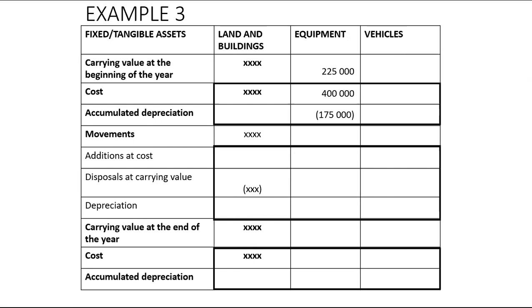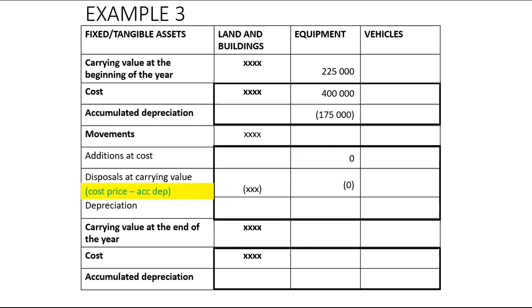Under movements, remember movements I said is made up of additions, disposals, and depreciation. All of this must happen in the current year. In the current year, did we buy any equipment? No, we didn't. Did we sell any equipment or get rid of any equipment? No, we didn't. But we recognize depreciation. And if we were to recognize disposals, we were going to use this formula.